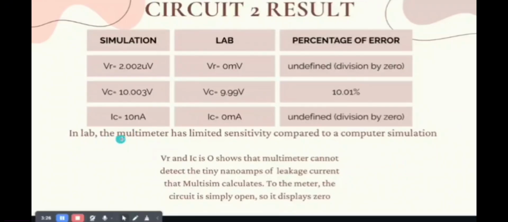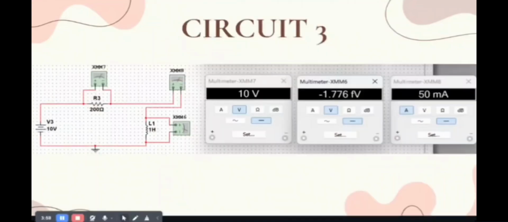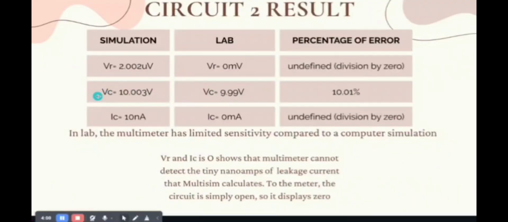The lab multimeter has limited sensitivity compared to computer simulation, so it couldn't detect tiny nanoamps or microvolts like Multisim calculates. To the meter, the circuit is simply an open circuit, so it displays 0. But for the capacitor voltage, it is quite similar, 10 and 9.99 volts, which shows the percentage of error is quite low.